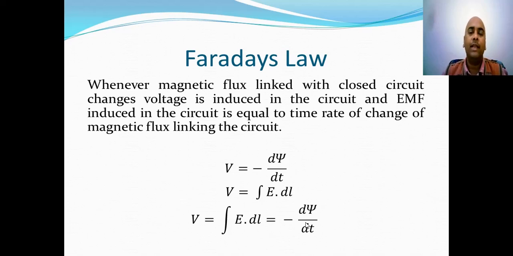Maxwell's fourth equation is basically Faraday's law. So Faraday's law states that whenever magnetic flux linked with a closed circuit changes, voltage is induced in the circuit, and the EMF induced in the circuit is equal to the time rate of change of magnetic flux linking the circuit. That is, induced EMF is equal to minus the rate of change of magnetic flux through the closed surface.